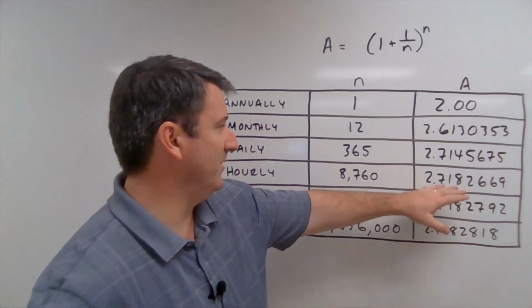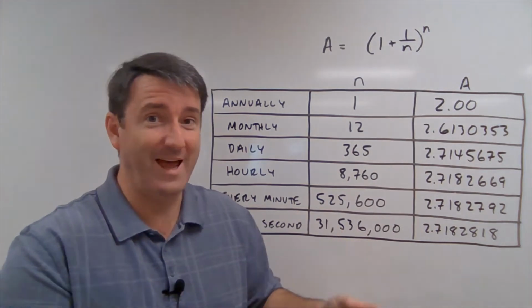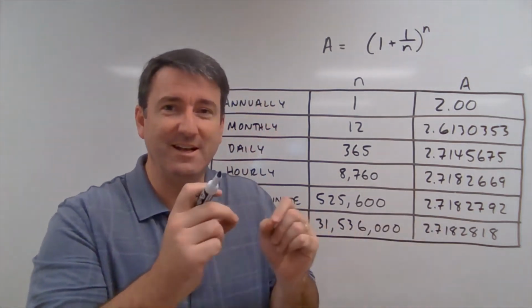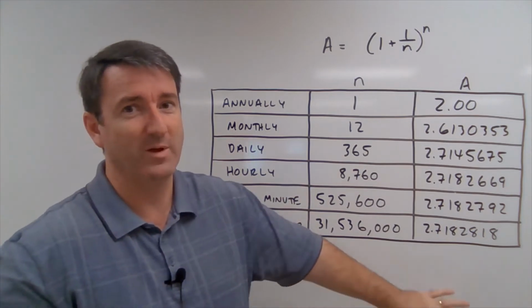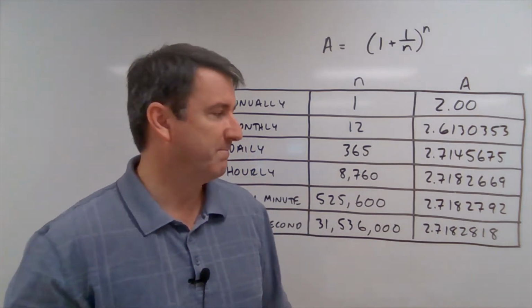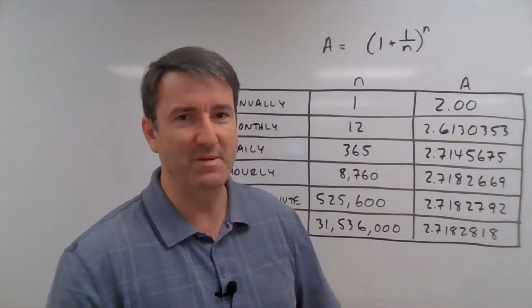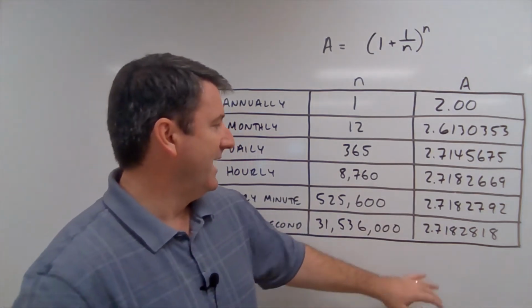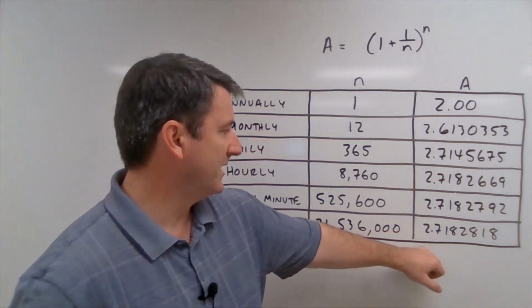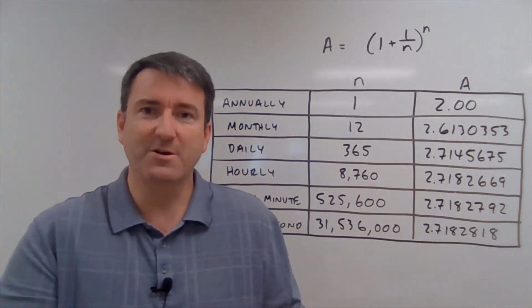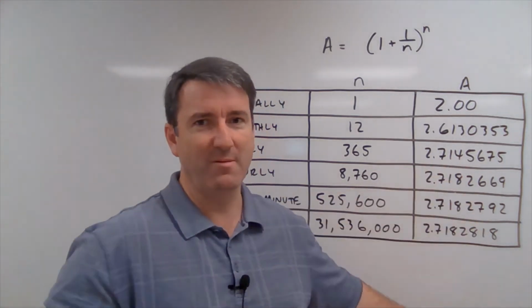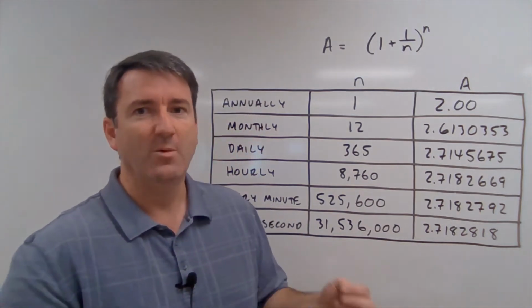So notice that it's slowing down. We're gaining just a little bit smaller and smaller amount each time we compound this more often. And now we're up to 31 million times a year, and we've come up with this number, 2.7182818.